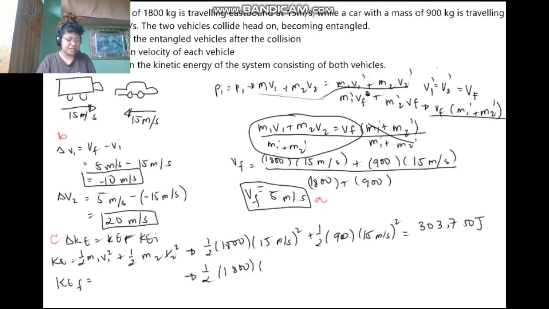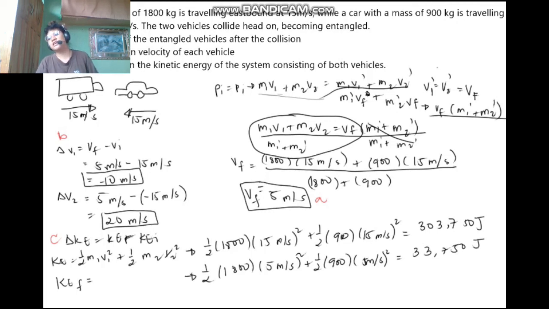The final velocity of both vehicles is 5 meters per second, plus 1 half times 900 times 5 meters per second squared. That is equal to 33,750 joules.